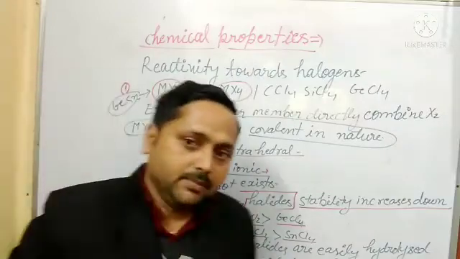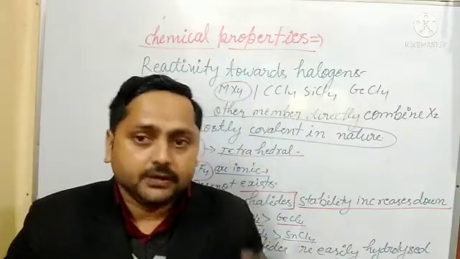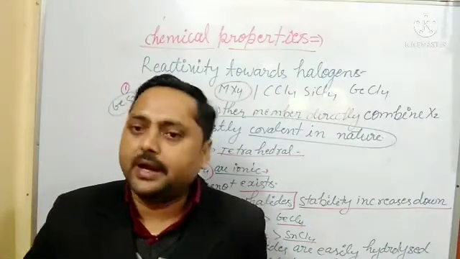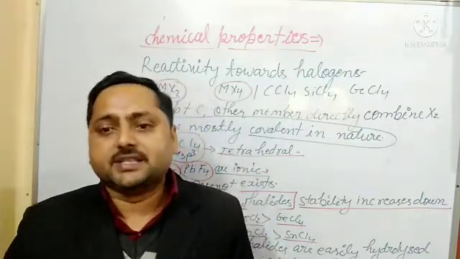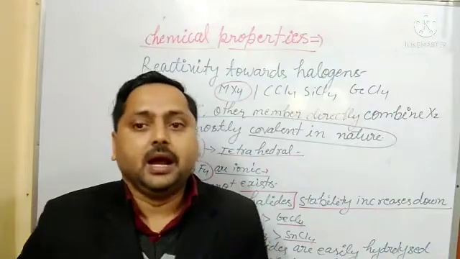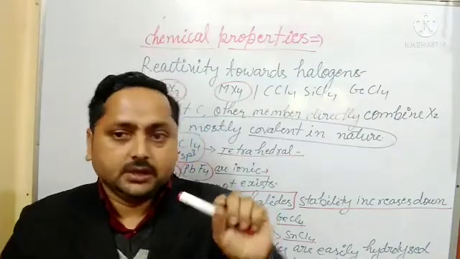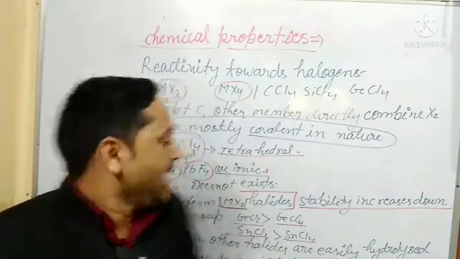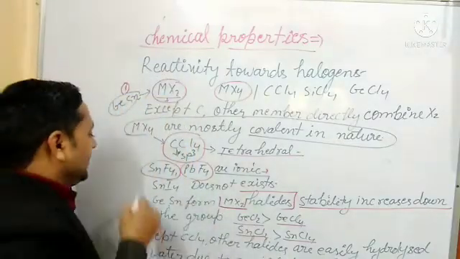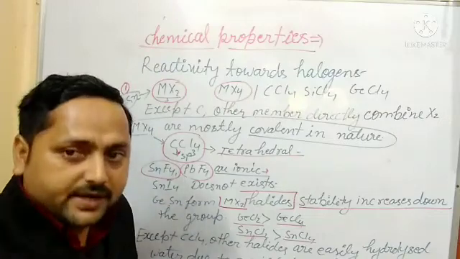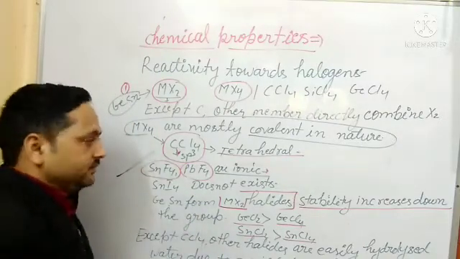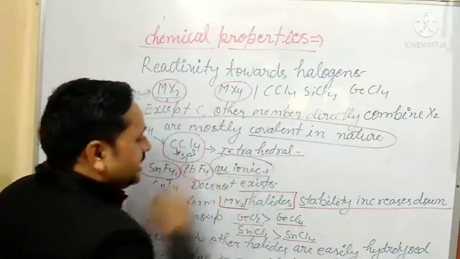Except carbon, other elements directly combine with halogens. Most of the halides are covalent in nature, their hybridization state is sp3 and their structure is tetrahedral. The exception is that SnF4 and PbF4 are ionic in nature.